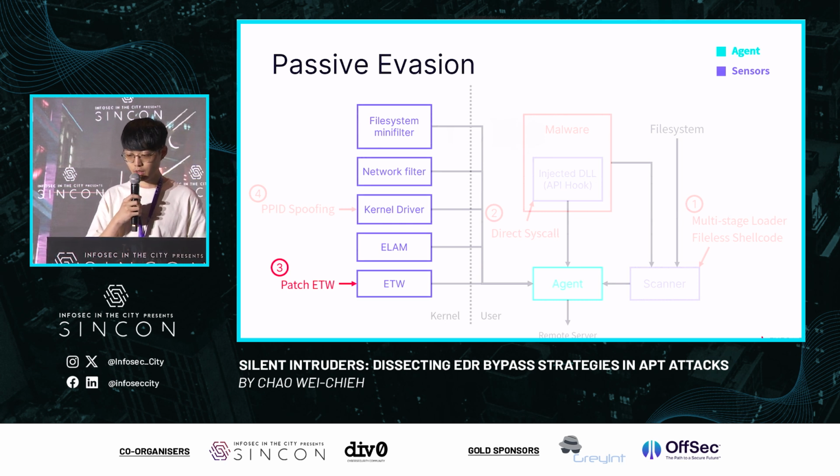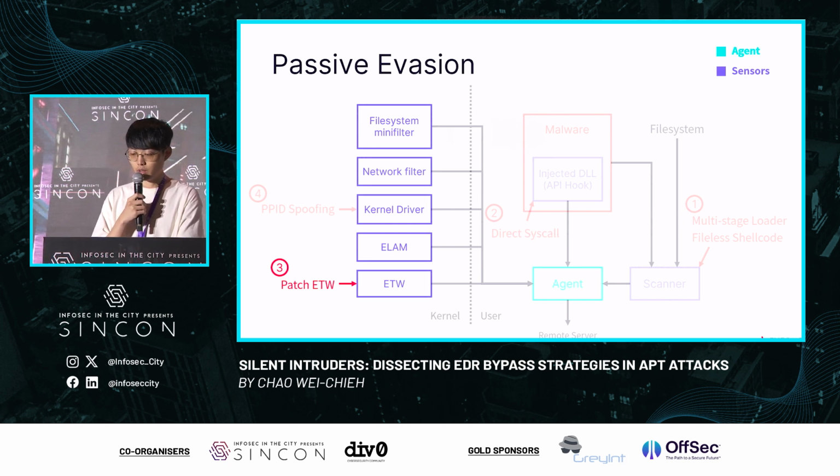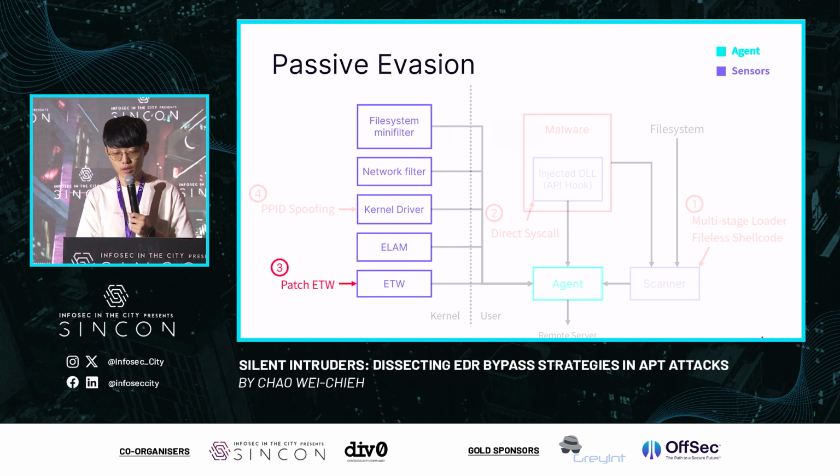Okay, so for the next evasion, the attacker tried to patch the ETW. The ETW is an event tracing tool built into Windows, and it has different kinds of providers for different events. It is very helpful to the blue team.